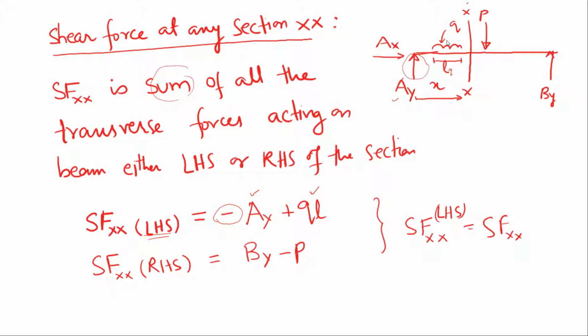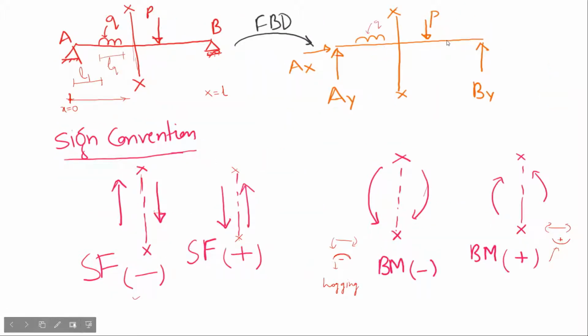So we are getting this negative sign, as we have just now seen the convention of the beam. If you are taking the left hand side of the section, LHS, and the load is acting upward, then it is negative. And if the force on the left hand side is acting downward on the section, then we will take it positive.